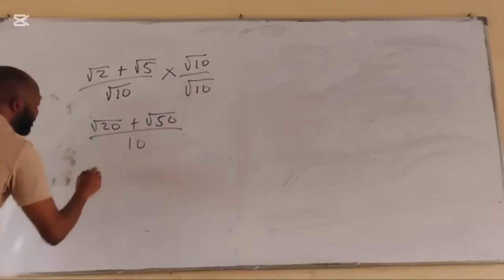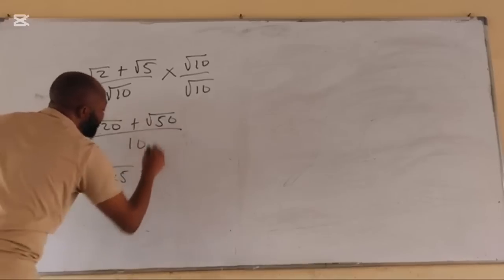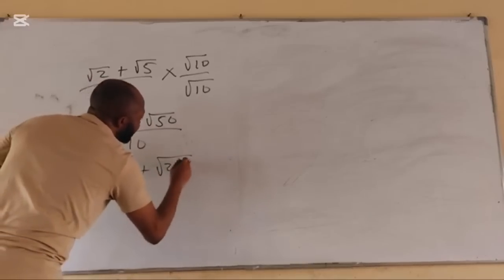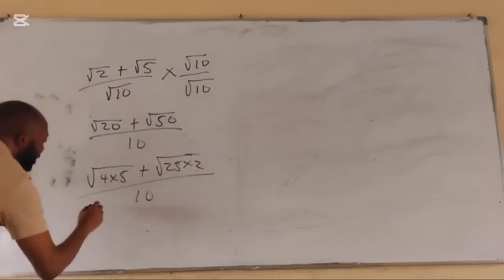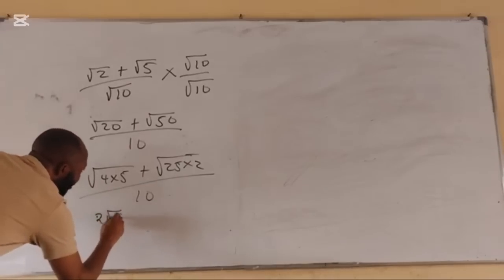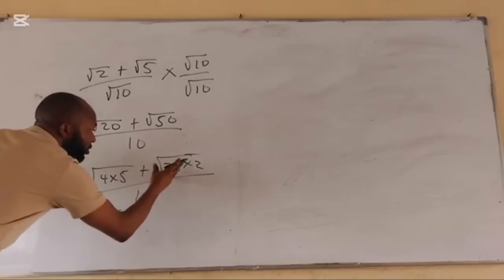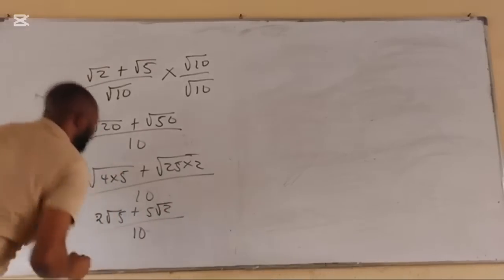So root 20 is the same thing as root 4 times 5, plus root 50, which is the same thing as root 25 times 2, over 10. The root of 4 is 2, so 2 root 5 plus the root of 25, which is 5, so 5 root 2, over 10.